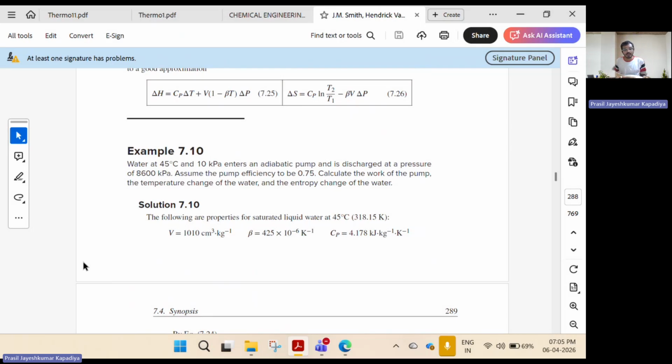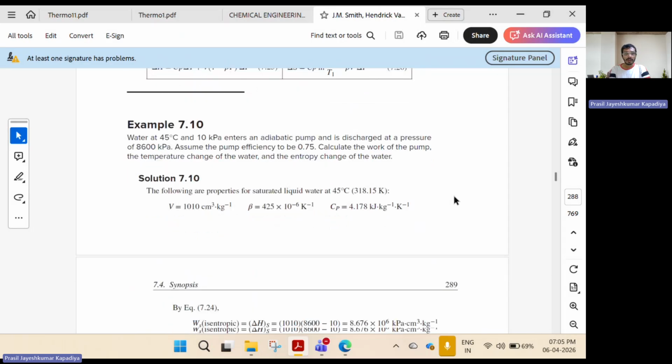We are assuming that the efficiency of the pump is 0.75. So what is the work of the pump, the temperature change of water, and the entropy change of water?